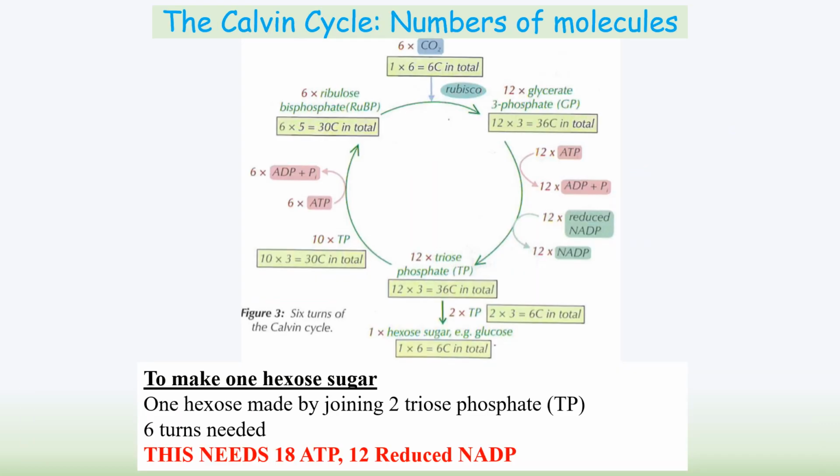Now, in terms of numbers, this cycle has to happen 6 times to create 1 glucose molecule. So out of every 12 triose molecules, remember there's 2 per cycle, 2 of those move on to make glucose. 10 of them are used to just reproduce ribulose bisphosphate.